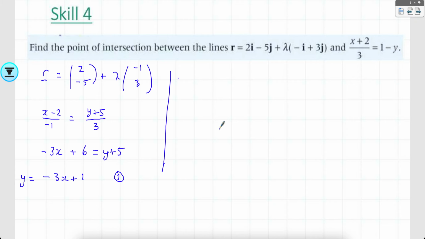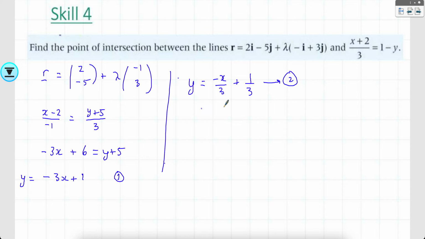Once I rearrange this equation, I end up with y equals -x over 3 plus 1 over 3. I'm skipping a few steps here.